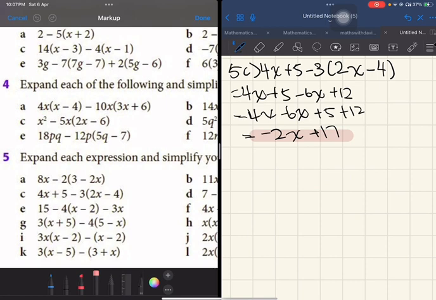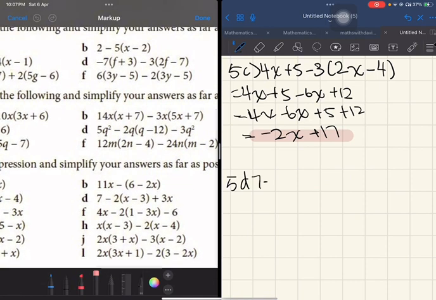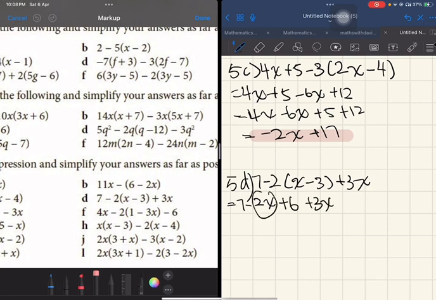Now question 5D. 7 subtracted by 2 times the bracket x subtracted by 3, plus 3x. We get 7. Okay. Negative 2 times x, we're going to get negative 2x. Negative 2 times negative 3, we're going to get positive 6 plus 3x. Okay, like terms.